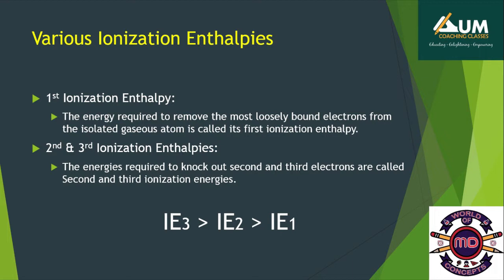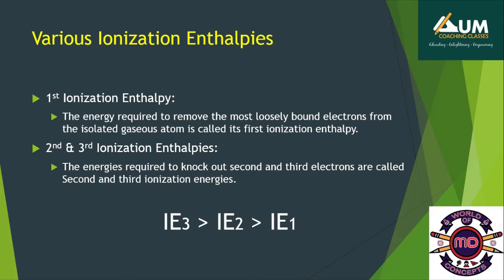The energies required to knock out the second and the third electrons are called the second and the third ionization energies. The third ionization enthalpy is always the highest as compared to the second ionization enthalpy, and the second and the third are both higher than the first ionization enthalpy.